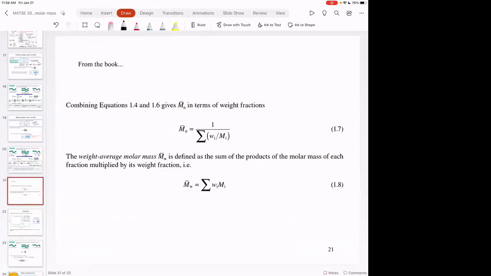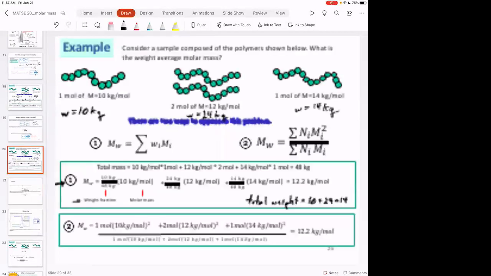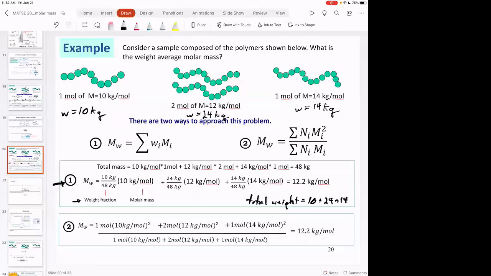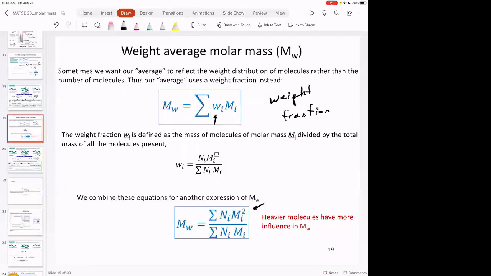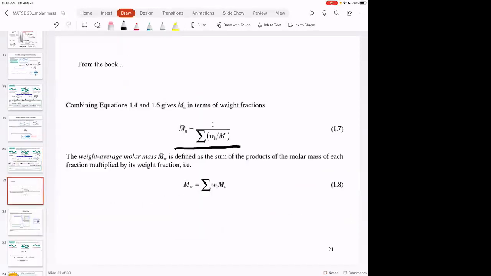And if you've read the book, there's some really useful ways to get Mn if you have the weight fractions. And so remember, we're calculating Mw in this one. That's easy. We have Mw right here. And this is the key to unlock the last part of the homework, is you can calculate the Mn or the M bar n, which is the number average molecular weight.